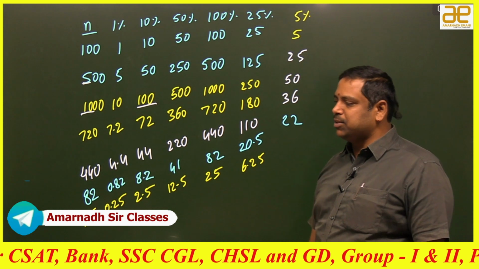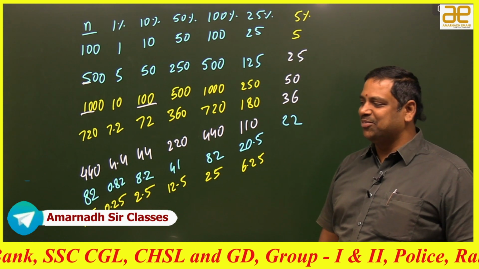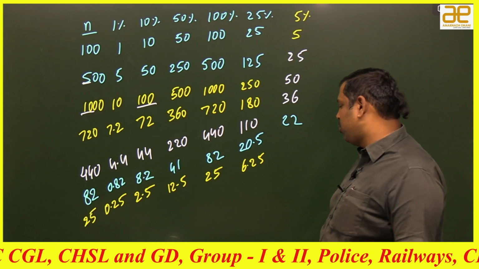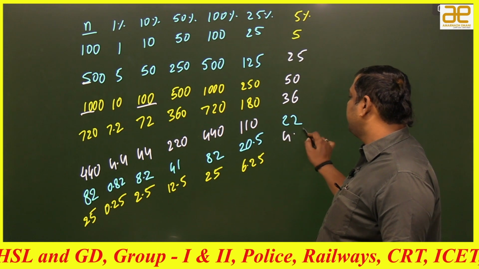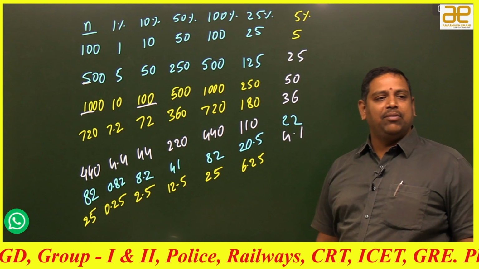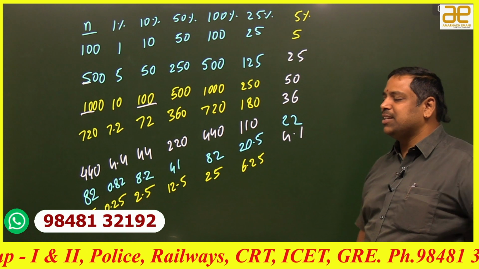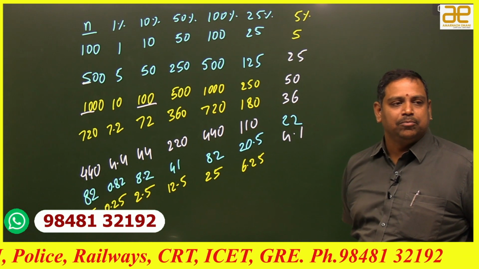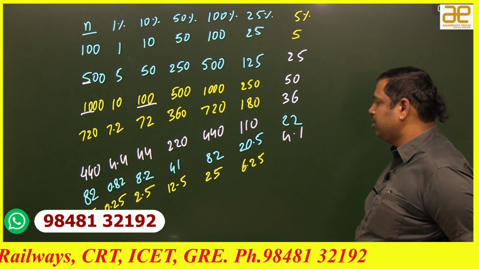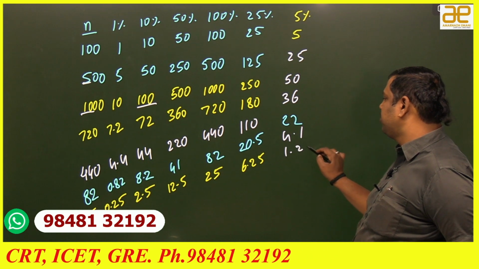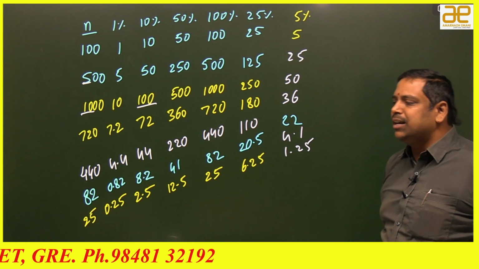Srinath, I am waiting for your response. Sir, 4.1. Good boy. 4.1. 25, 5% is 1.25.